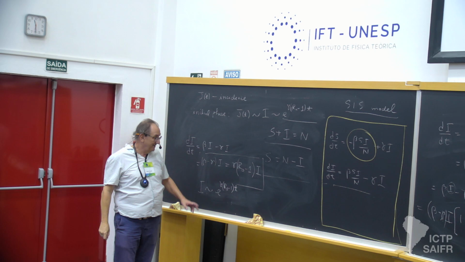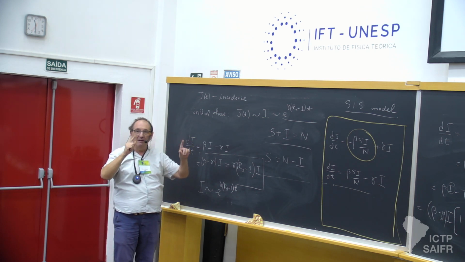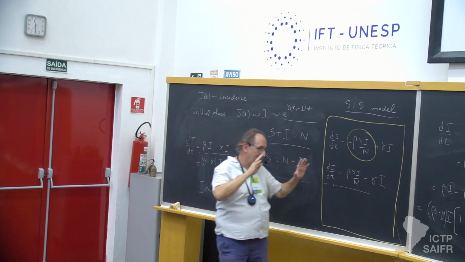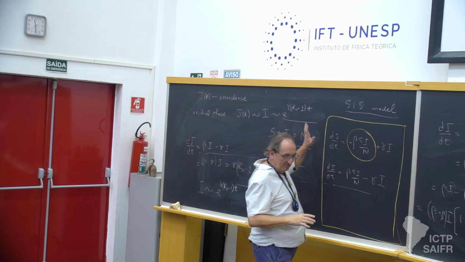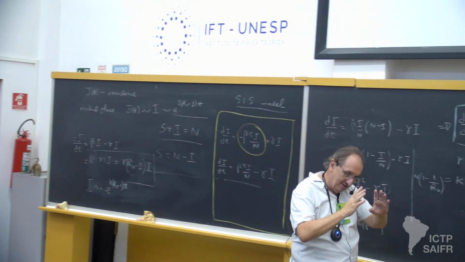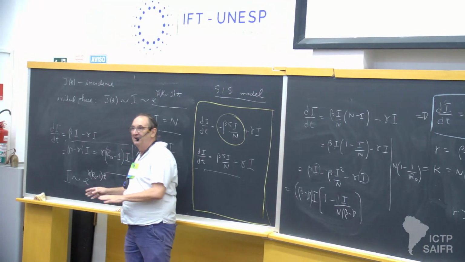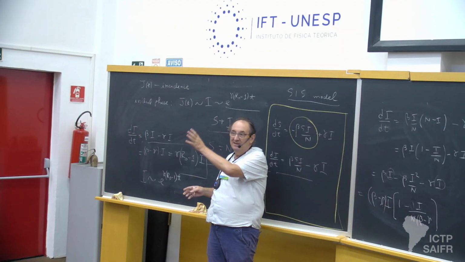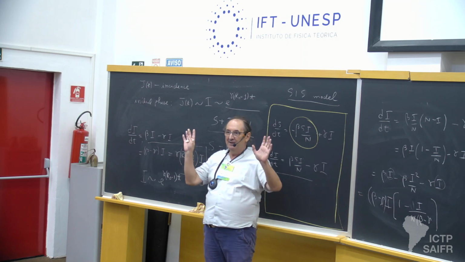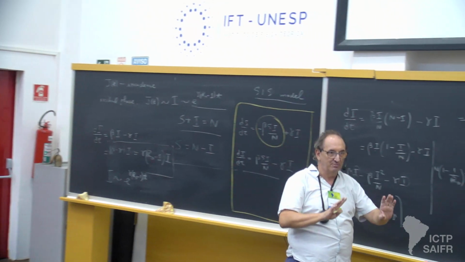Okay? At the initial phase, do not confuse this: it is growing initially with this exponential, which happens to be the same exponential as the function I. Over the course of this epidemic, this won't be true anymore.